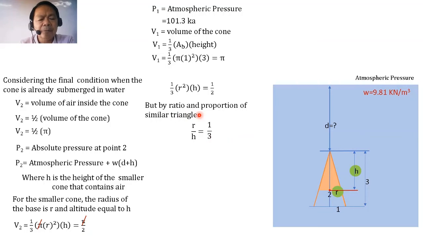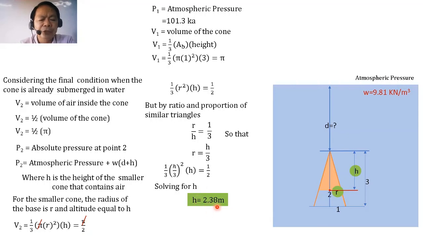So from here, masosolve natin yung R which is equal to H over 3. And if this H over 3 will be substituted here in r squared, we shall be getting that 1/3 of (H over 3) squared multiplied by H is equal to 1/2. And then simplifying, solving for H, masosolve natin yung H na 2.38.